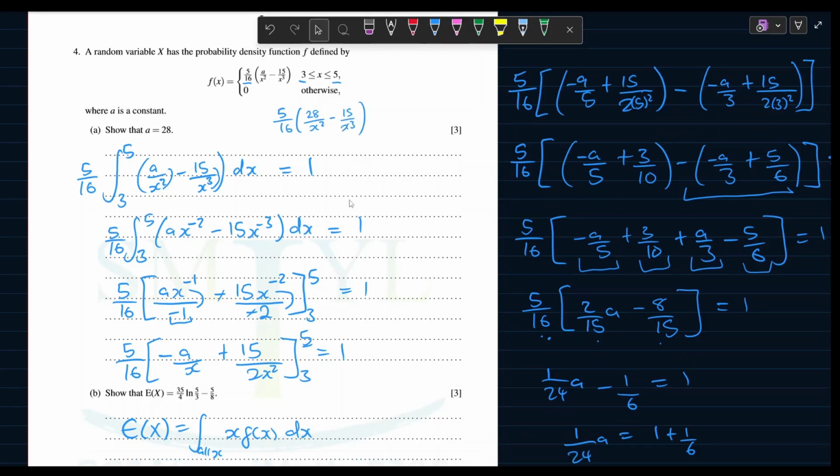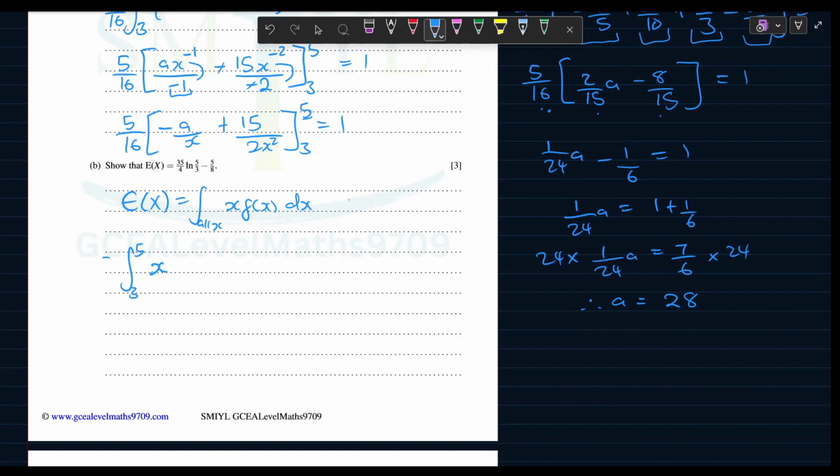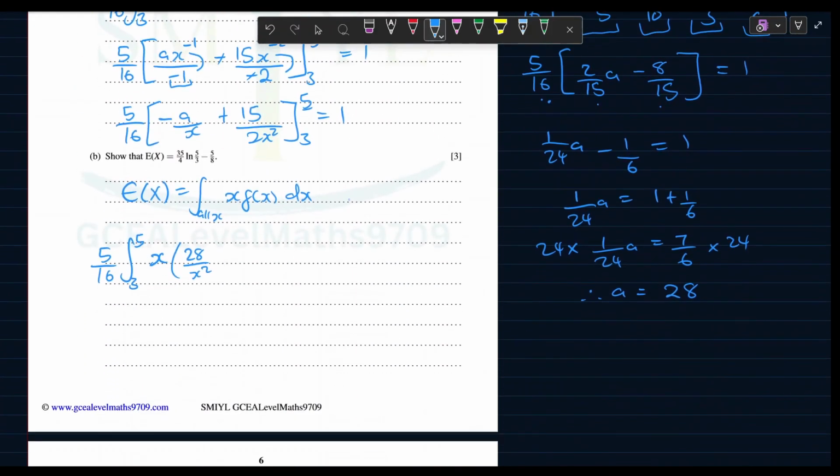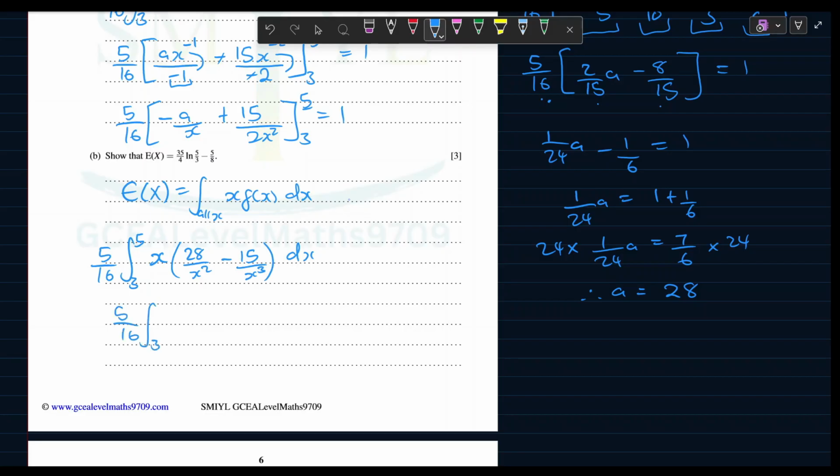Okay, so I'll just take the 5 over 16 outside the integral sign, and so what remains here is going to be the 28 over x squared minus 15 over x cubed, and this is all with respect to x. So 5 over 16, the integral from 3 to 5. Here the x would cancel out the x squared, so that is just 28 over x.